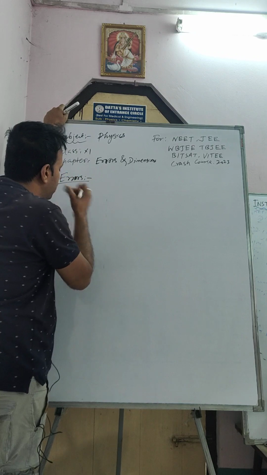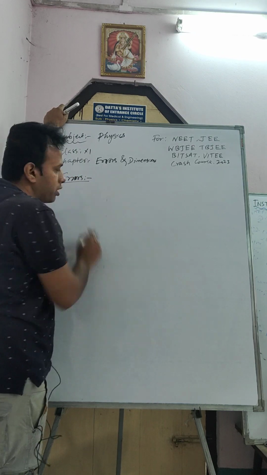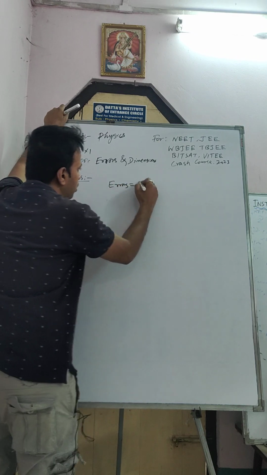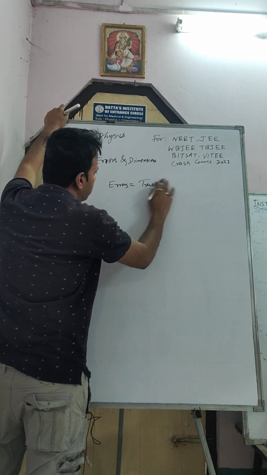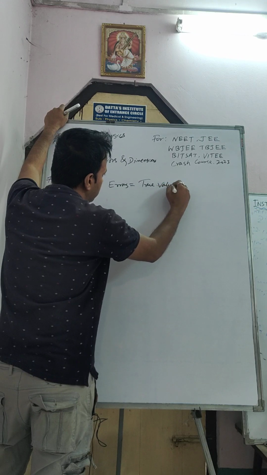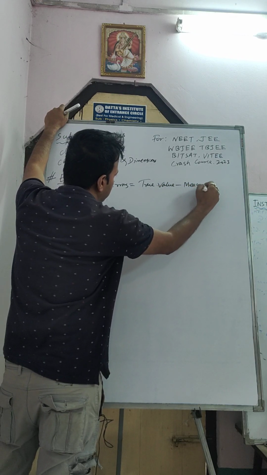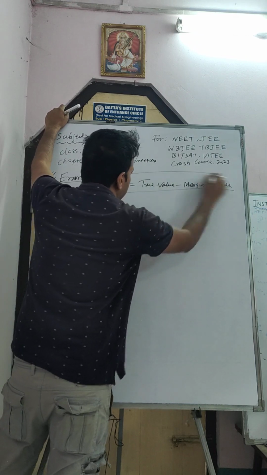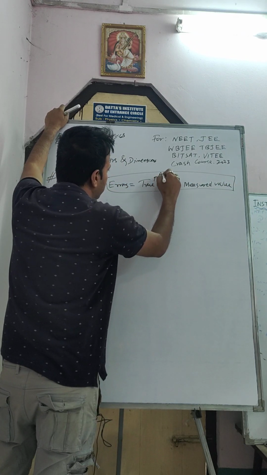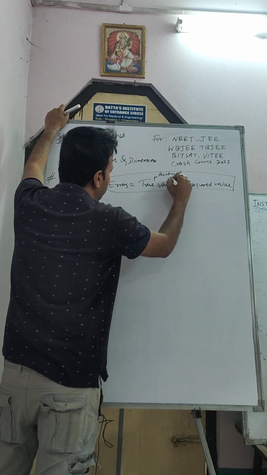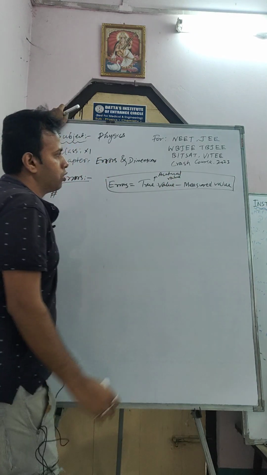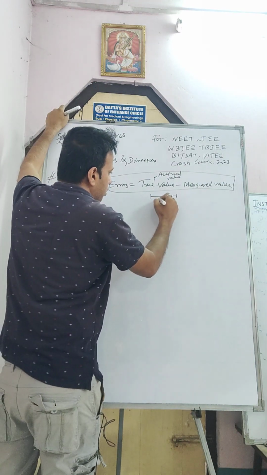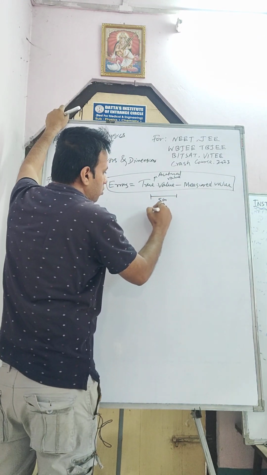So errors. Here, there are two types of error. Basically, what is error? Error is equal to true value minus measured value. True value means its actual value. Suppose one object has a length of 5 centimeter; it will be its true value.